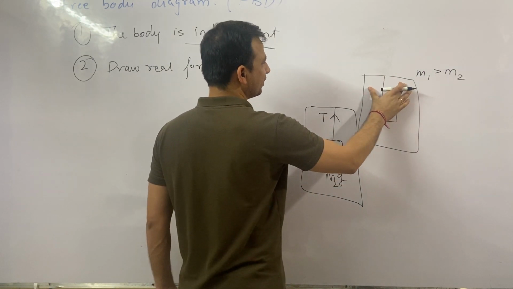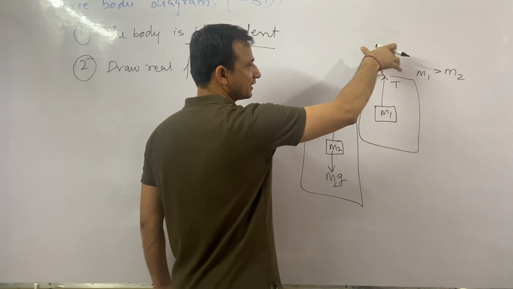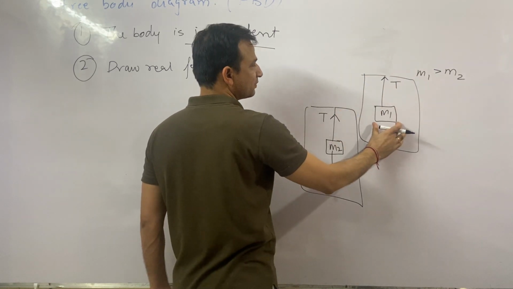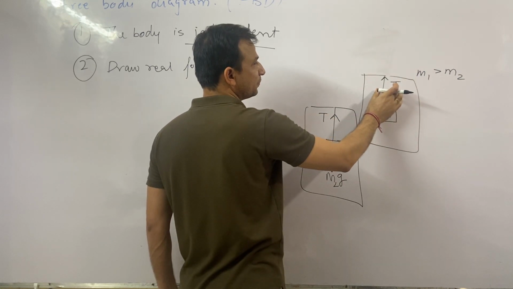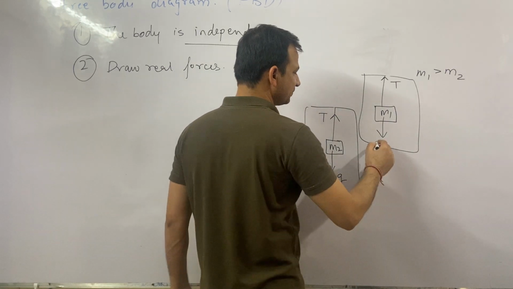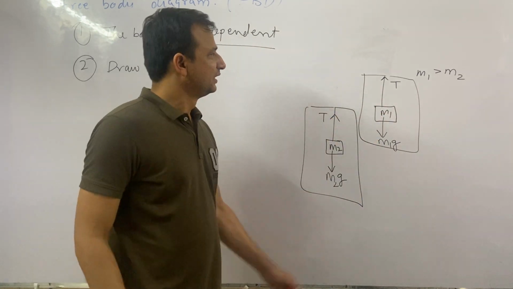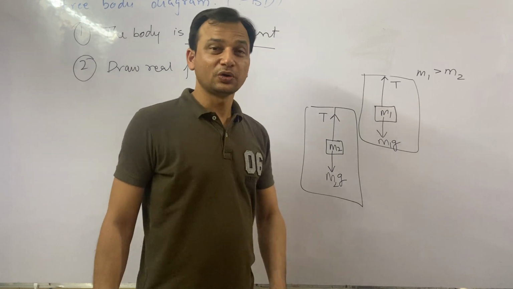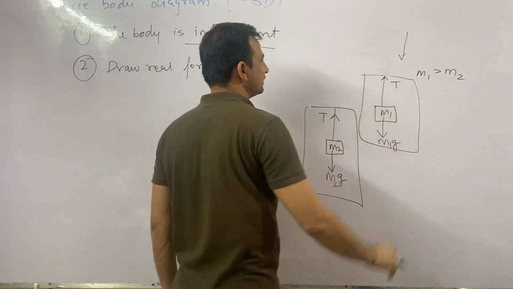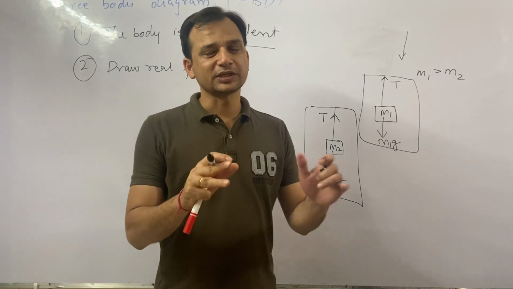Similarly, for this body, the tension was acting upward because the rope was connected with the pulley and supporting this mass, and the weight of the object is acting downward. So this is a simple free body diagram in case of pulley. Though we have not considered here the acceleration produced in the body, we will consider that when we start solving the equation.